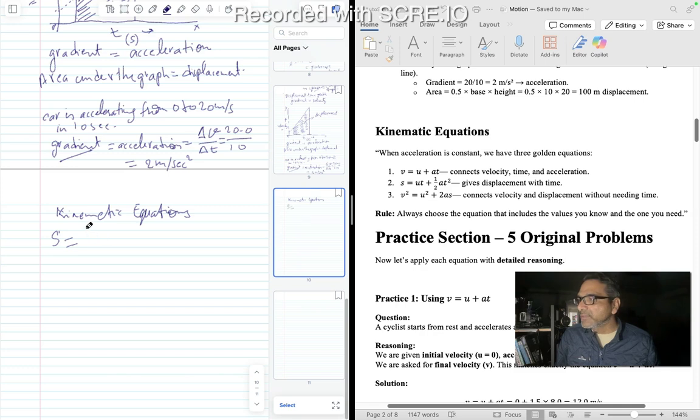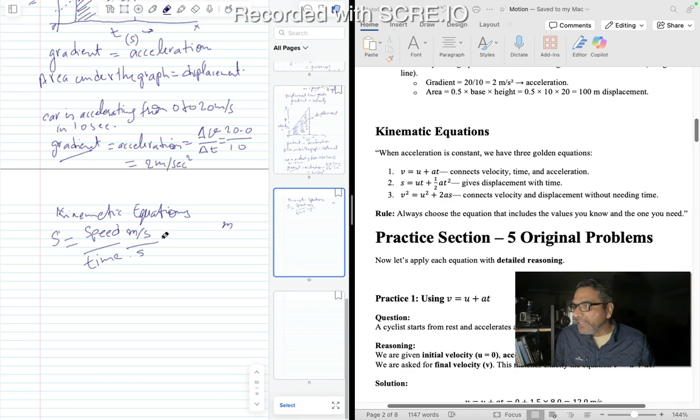s equals, we remember the unit is meter. So if we say it will be speed over time, mostly, speed over time is the distance. Speed's unit is meter per second, time unit is second.